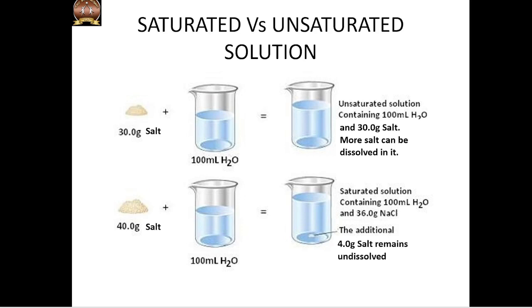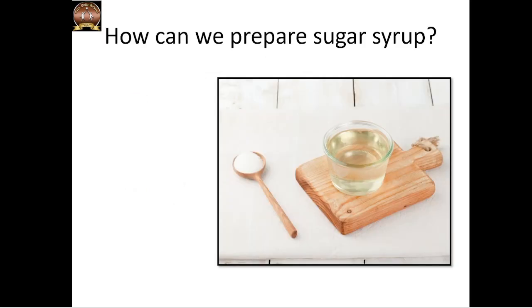But is it really impossible to dissolve any more solute in a saturated solution? Let's take a look. What about sugar syrup? So you must have come across sugar syrup in some of your favorite mithais like gulab jamun or say rasgulla, which require a kind of thick sugar syrup to be used.